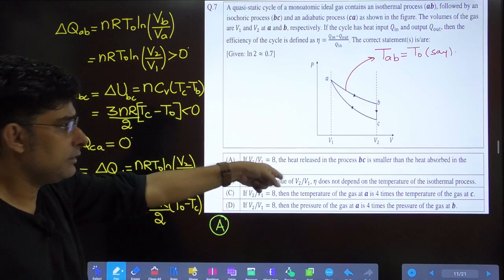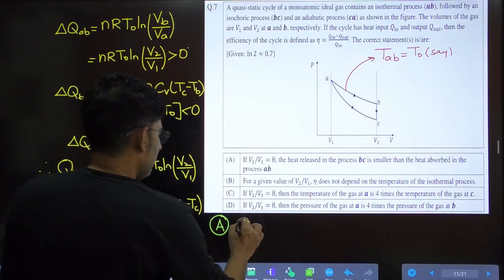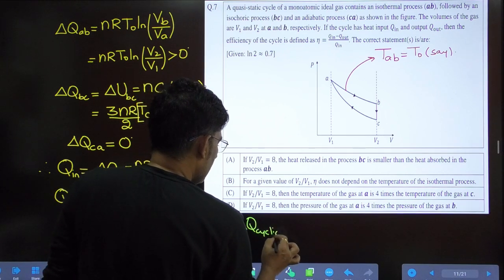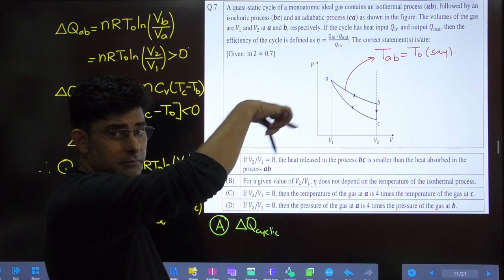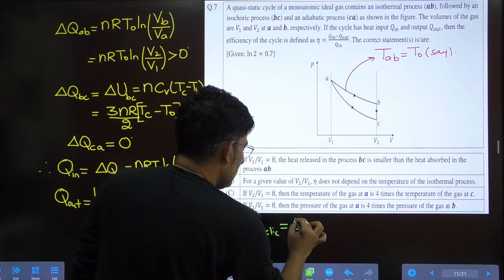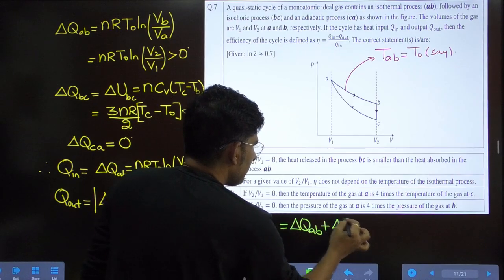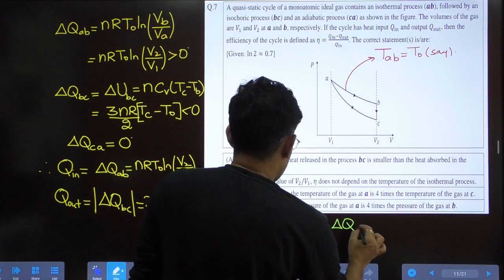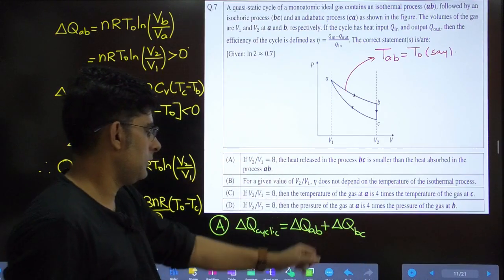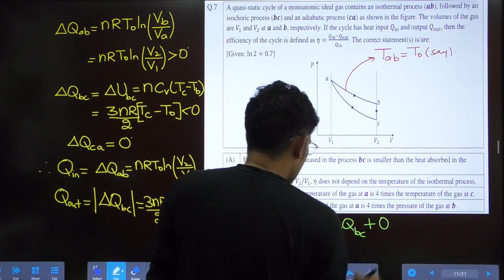If you see, it is a clockwise cycle. So delta Q cyclic, obviously it is a clockwise PV cyclic process. So delta Q cyclic will become equal to delta Q_AB plus delta Q_BC plus delta Q_CA, which is 0 only.